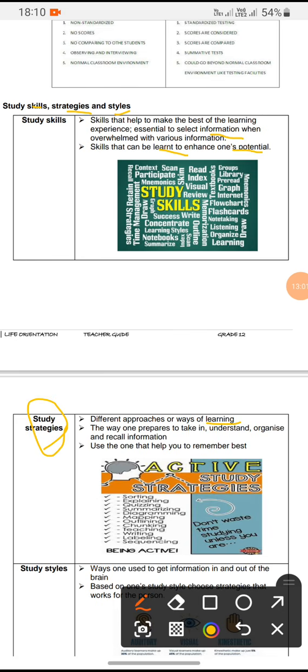The way you prepare, the way you organize, the way you recall information, that's the strategy. Strategy is something that works for you. Everyone has his or her own strategy to enhance knowledge.